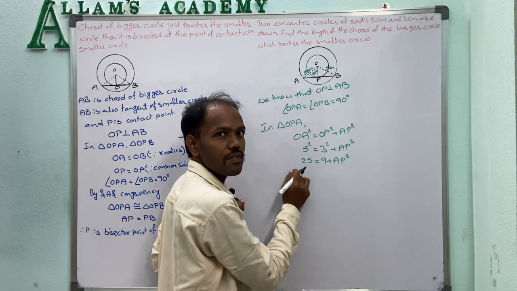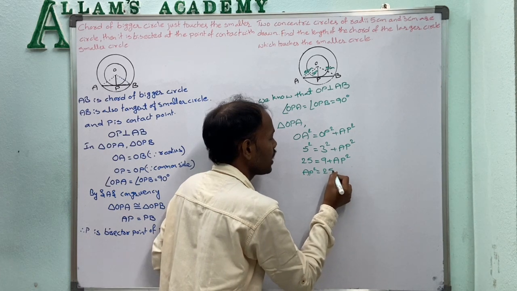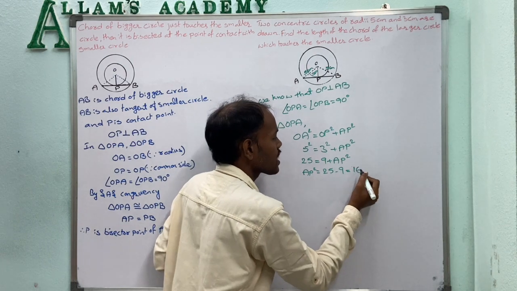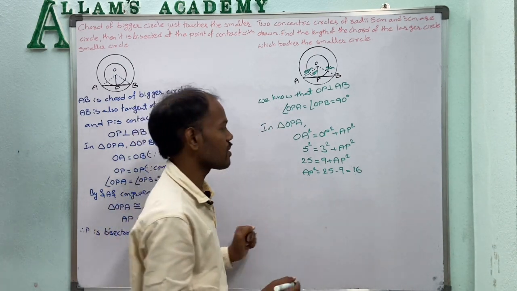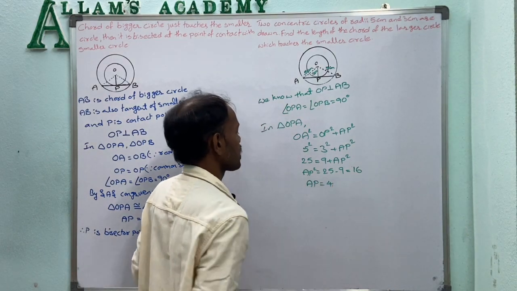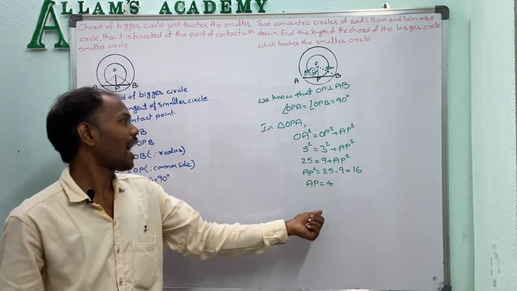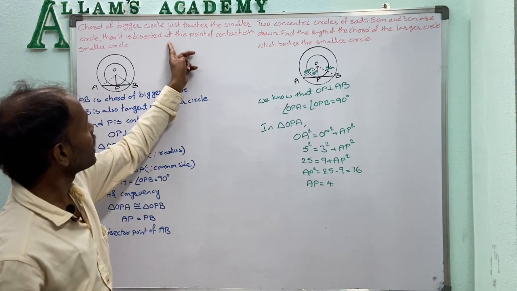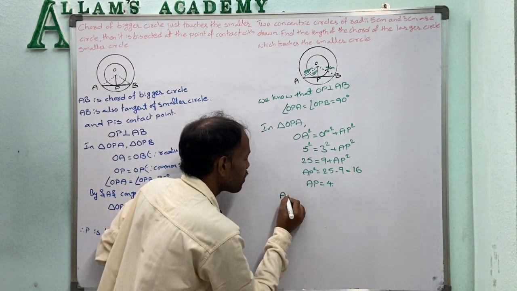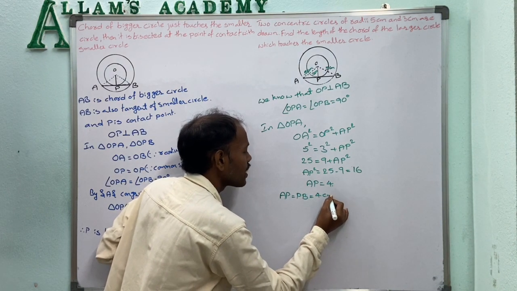Transferring plus 9 to this side, AP square equals 25 minus 9, which is 16. Then AP is the square root of 16, which is 4. So AP length is 4 centimeters. Already we said that the point of contact bisects the chord, so PB length is also 4 centimeters.